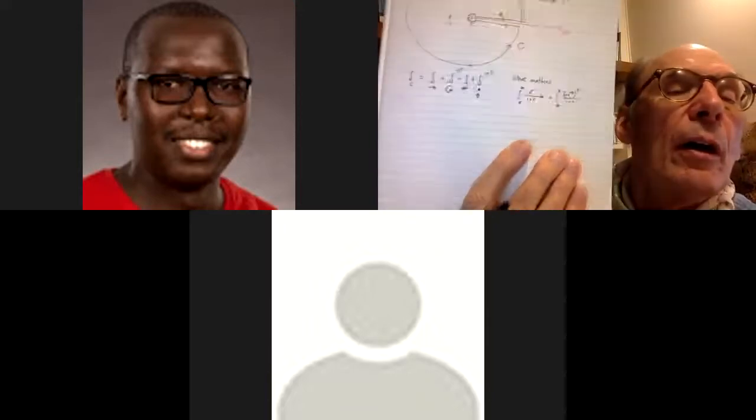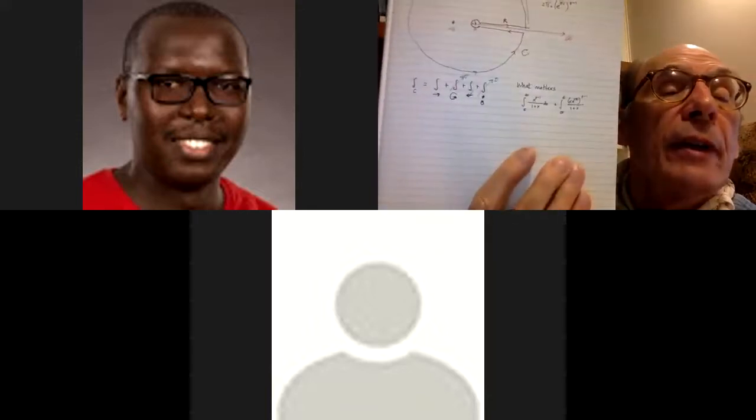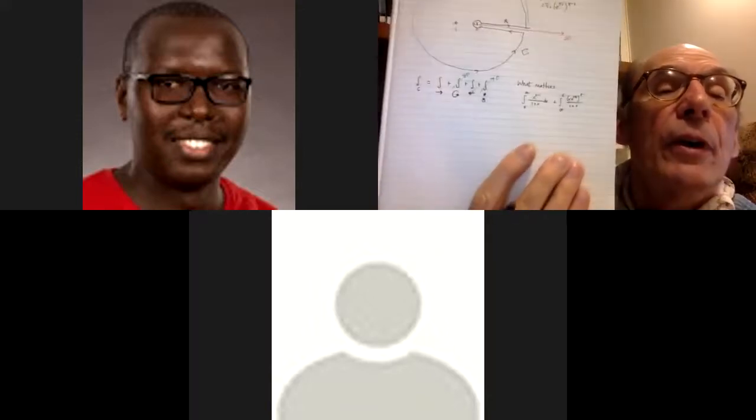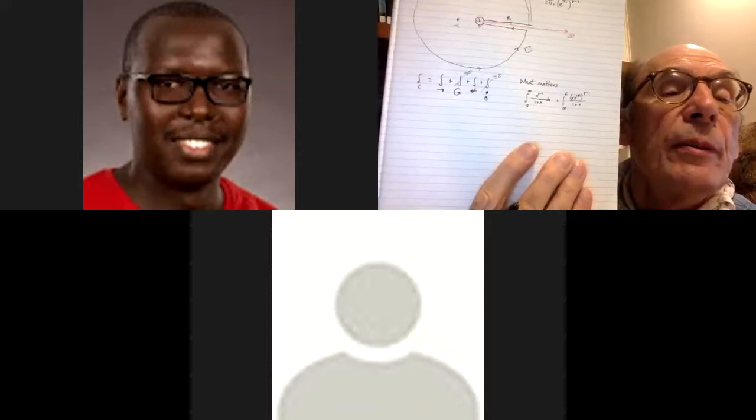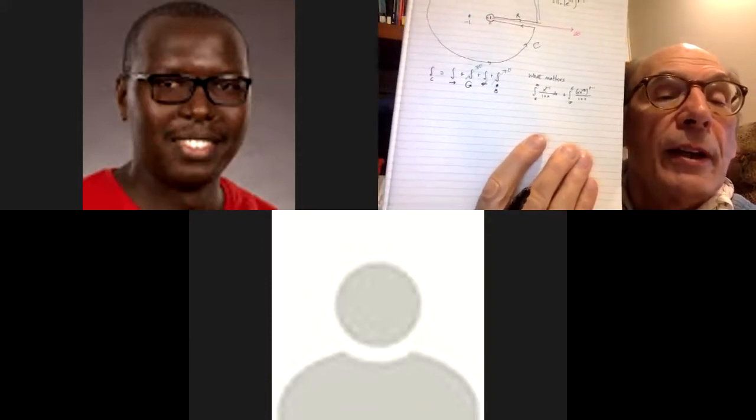So now we've got an e to the 2 pi i to the p minus 1, which is just a number, so that comes out of the second integral. What we have here is 1 plus e to the 2 pi i times p minus 1.